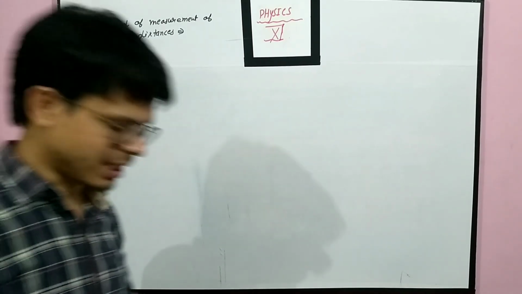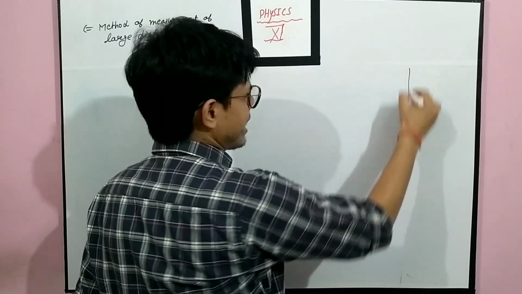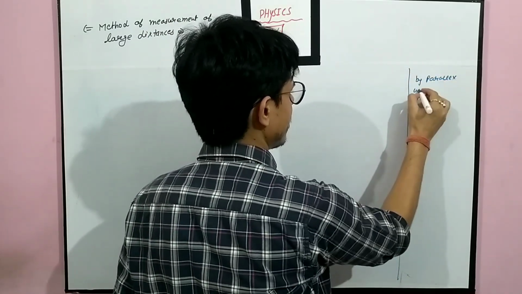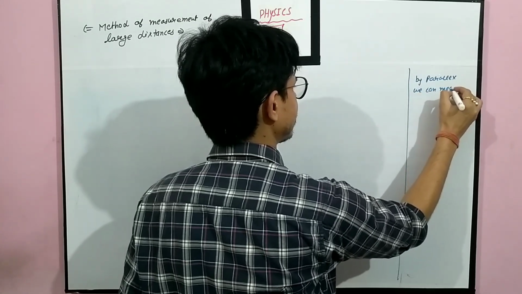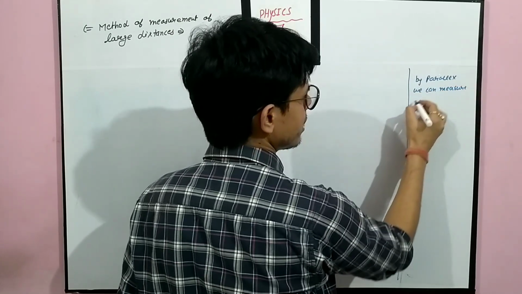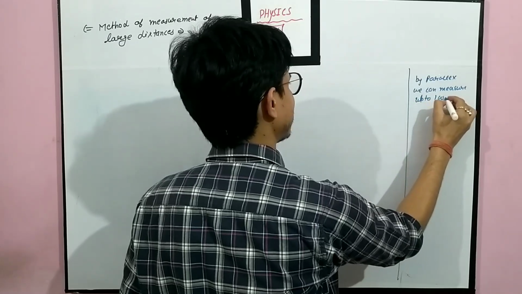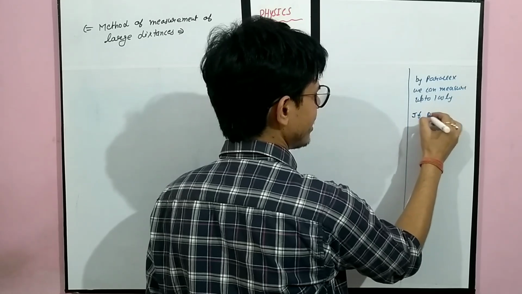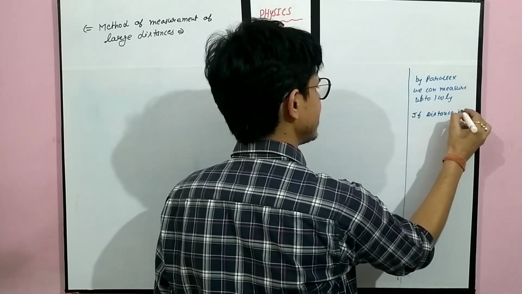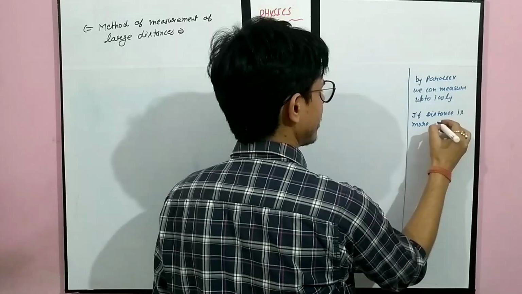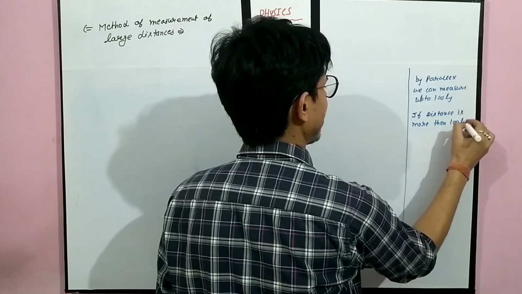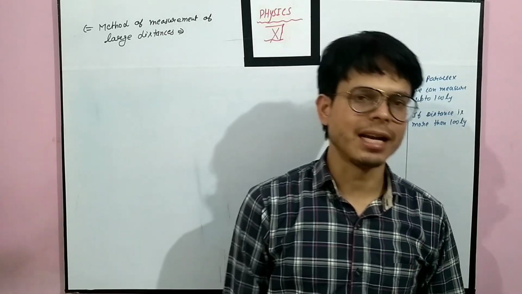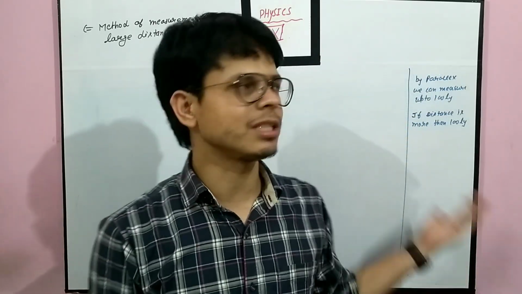Now this was the parallax. We can measure distances by parallax up to 100 light year. But if the distance is more than 100 light year, then in that case we can't use this parallax method.